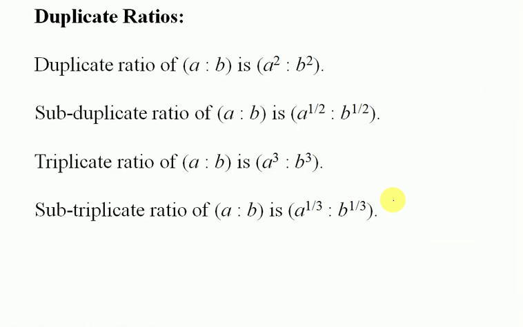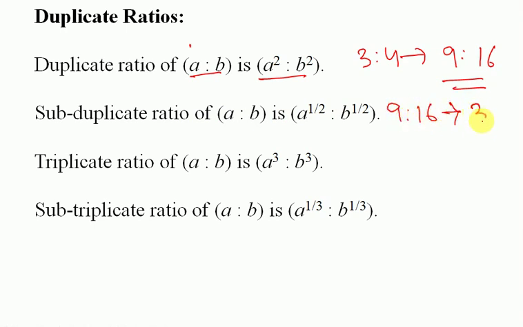Okay, next. Similarly for ratios, first of all the duplicate ratio between a and b is a square to b square. For example, if I say 3 and 4, its duplicate ratio is 9 and 16. The subduplicate ratio of 9 and 16 is the reverse, the square root of this, that is 3 and 4. Triplicate ratio is again the cube.